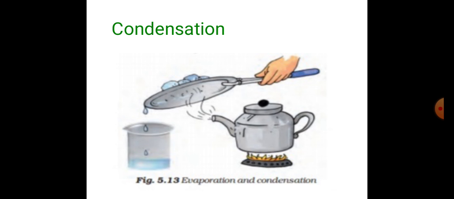When you collect these droplets of water in a glass beaker and taste them, you find that they do not have a salty taste. It is pure water. So we can conclude that water can be separated from salt through the process of evaporation and condensation.